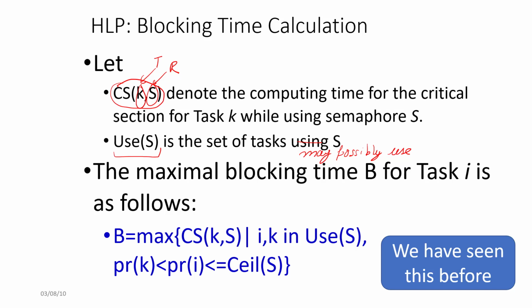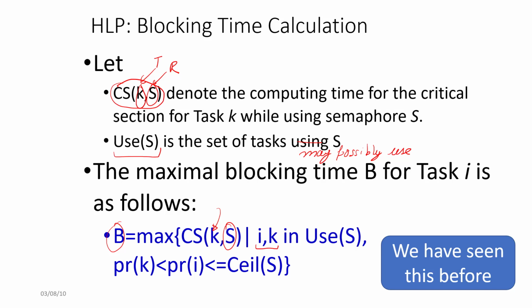It is the maximum across the set of C_S,K, which is basically across the set of all possible tasks while using semaphore S. So while using the resource S, this is the maximum blocking time across all possible tasks where both task I and task K use the resource, and the priority of K is less than the priority of I.